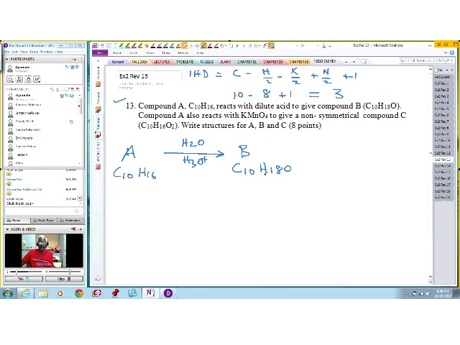Now, if you work out the index of hydrogen deficiency, IHD for compound A is 3. For compound B, you will find out that it's only 2.